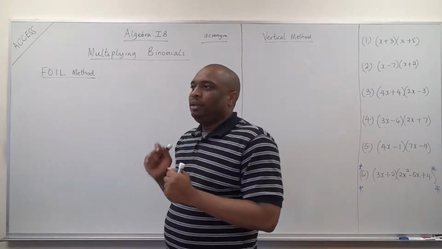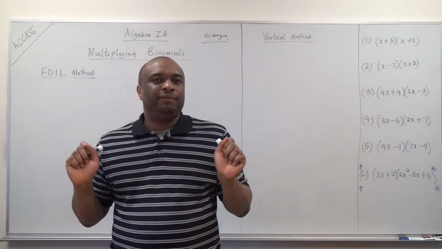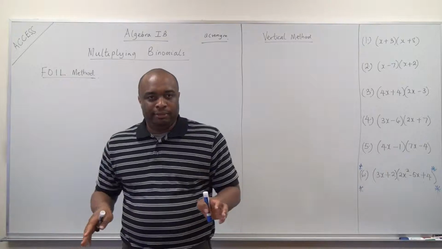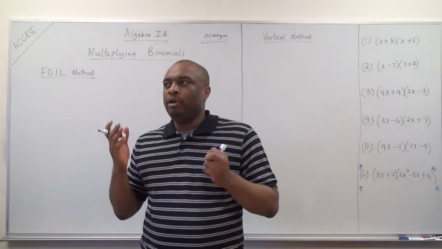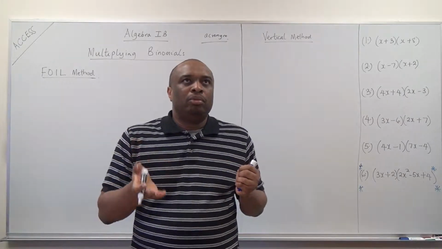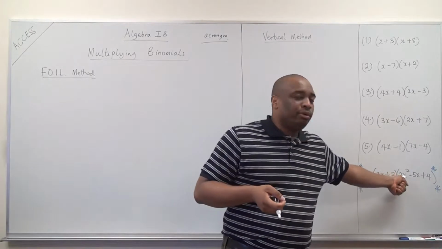The FOIL method, I want you to listen and listen well. You can only use it for binomials. Just know that. It's only for binomials. You can't use it for monomial times binomial or monomial times trinomial or even binomial times trinomial.